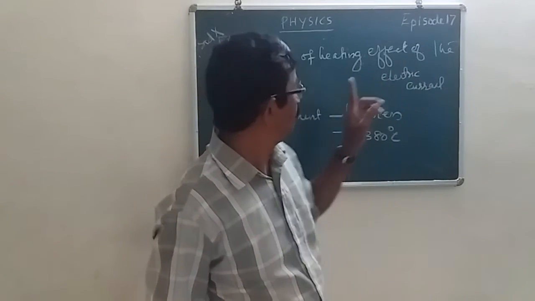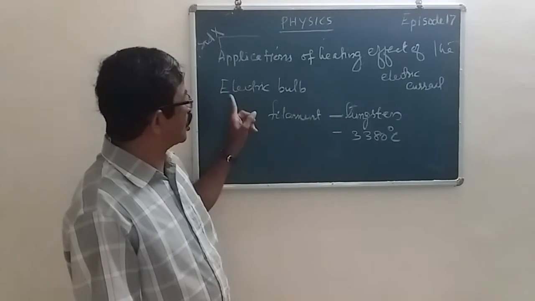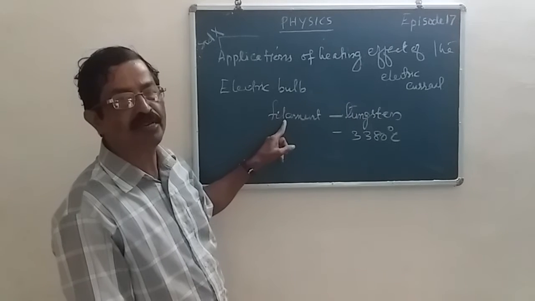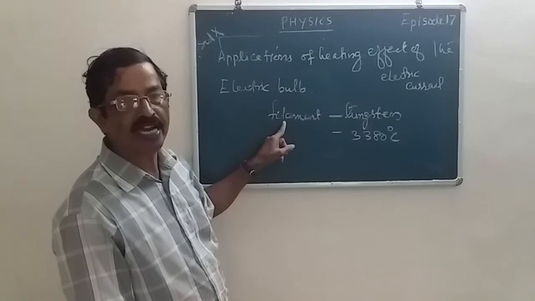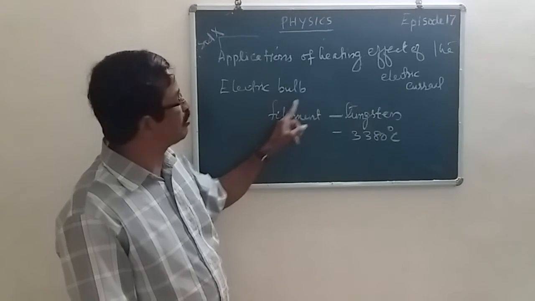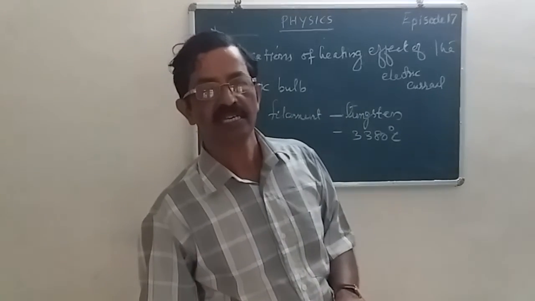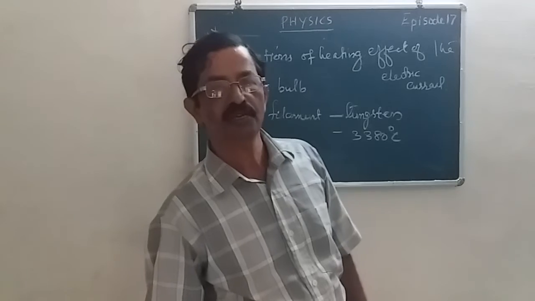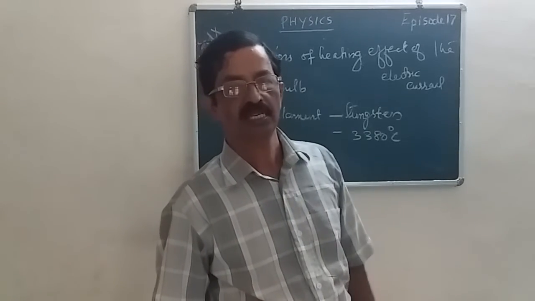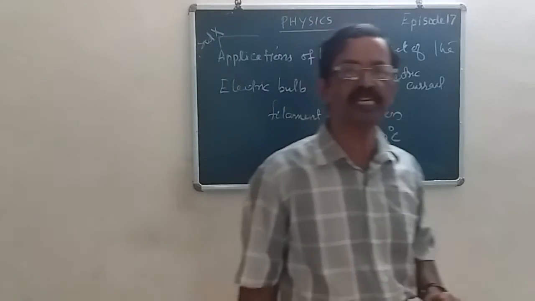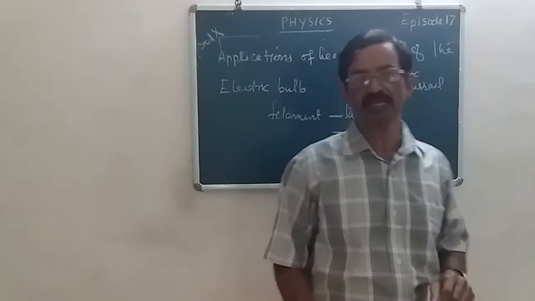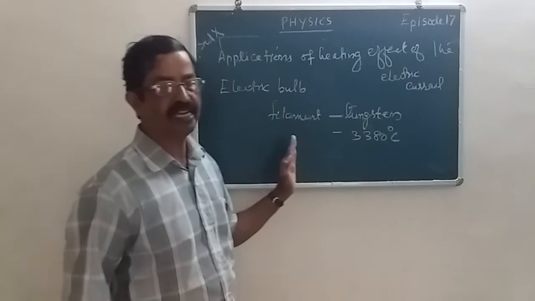When electric current passes through this tungsten filament, it becomes white hot, and it can remain in that condition for a very long time. The electric energy given there is converted into heat.